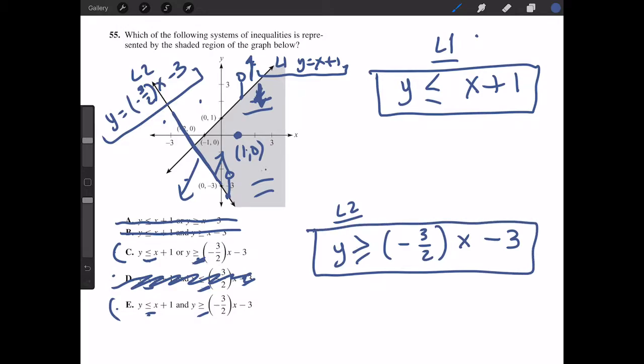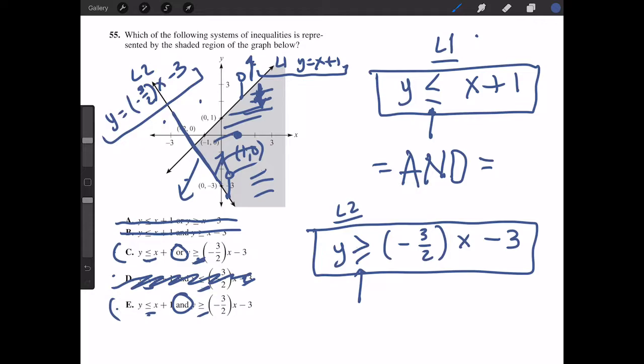So now that we have the two equations that are part of the system of inequalities with a greater than or less than relationship symbol, we now need to know if we're going to go with the or option or with the and option. So whenever you have a single area like this, where two lines are being used that are just like these, what you're going to find is that the and is the way to go.